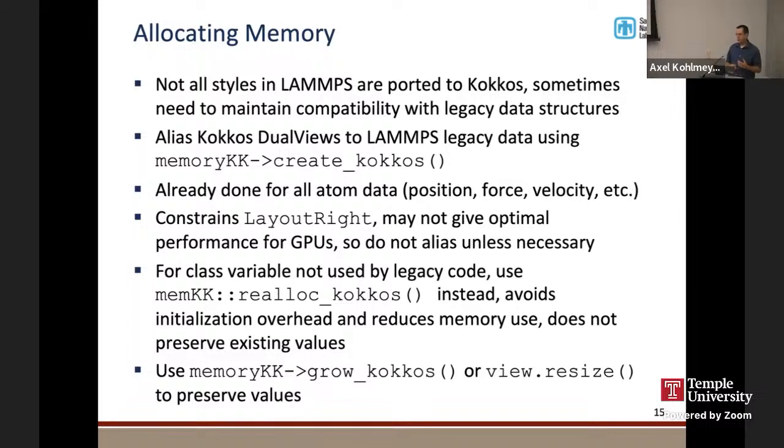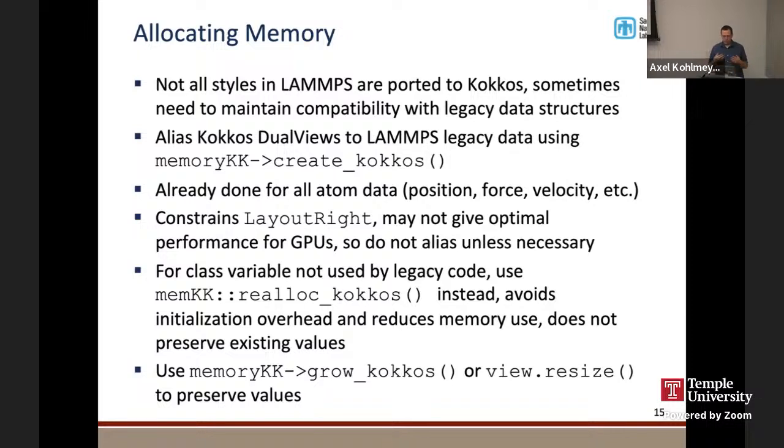Because with reference counting, if you don't free first, you'll have two copies, and it will double the memory of that view. So this does it all under the hood. It's a nice helper function. But the one thing to remember is that this realloc Kokkos does not preserve the existing values, so it's just going to clear all the memory and reallocate it.